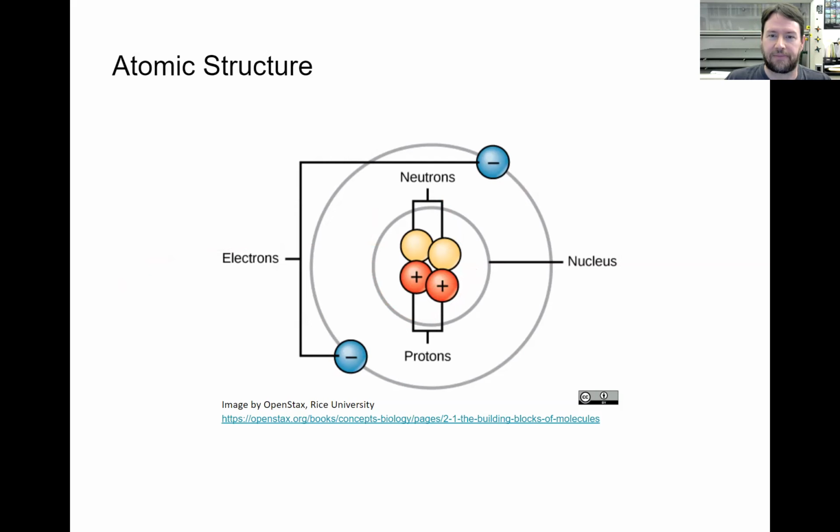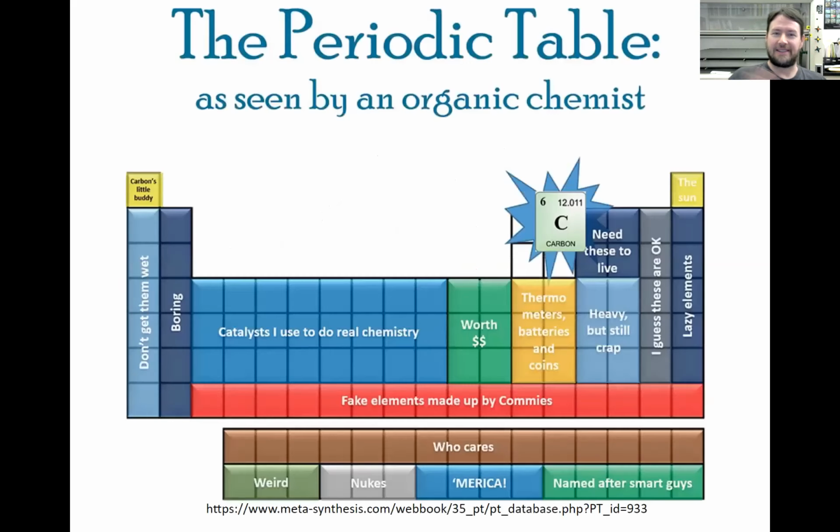All right. So what's this whole thing about this periodic table, and why do we need to learn all this chemistry if we're biologists? Well, I like to simplify the periodic table to basically how organic chemists see it. So we have carbon, the star of the show.